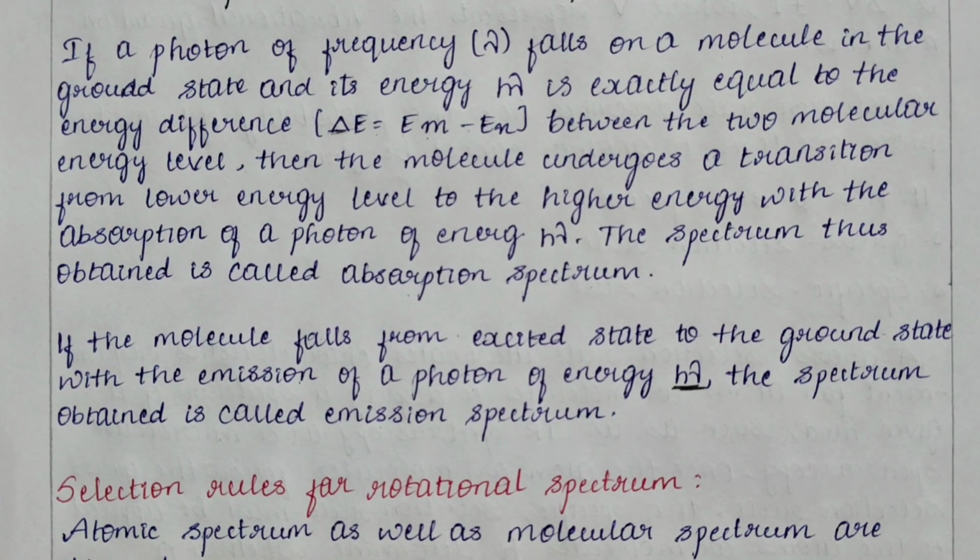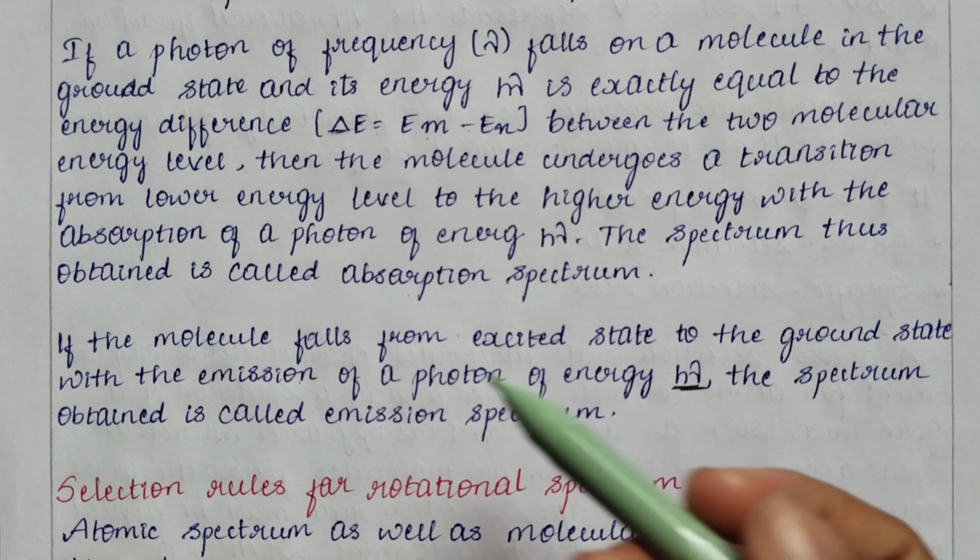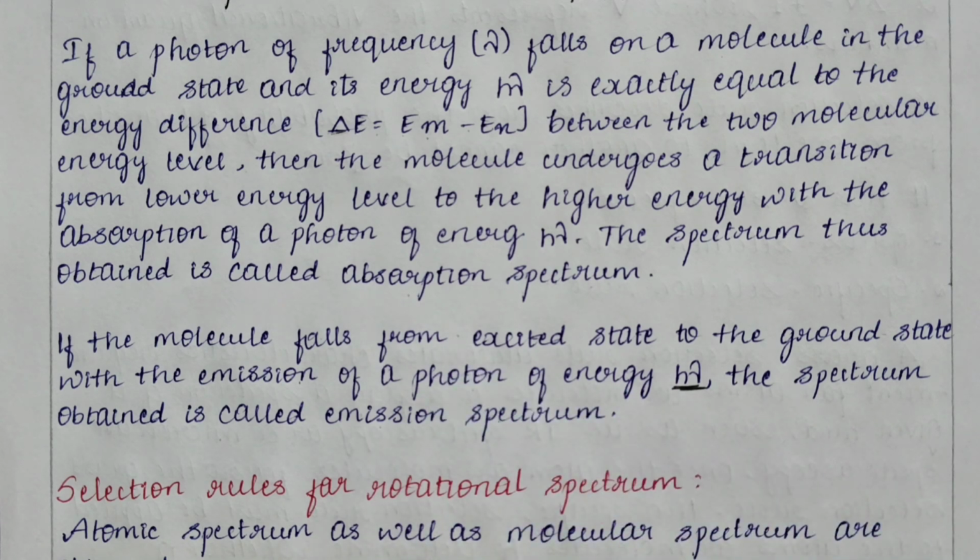Now let us see the selection rule. Before going into a detailed understanding of the selection rule for rotational spectrum, let us see what a selection rule actually is and why it is important. A selection rule is a condition that determines whether a transition between two energy levels is allowed or forbidden when an atom or molecule absorbs or emits electromagnetic radiation.